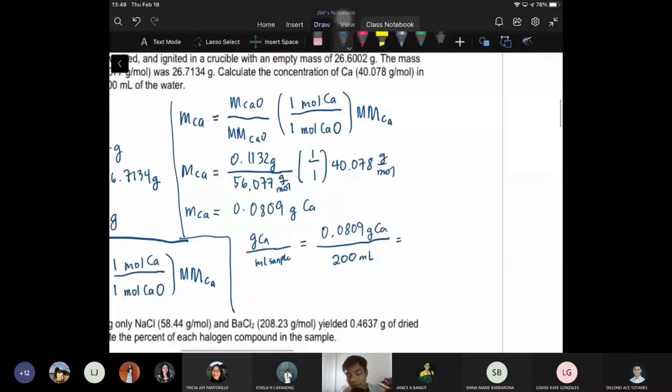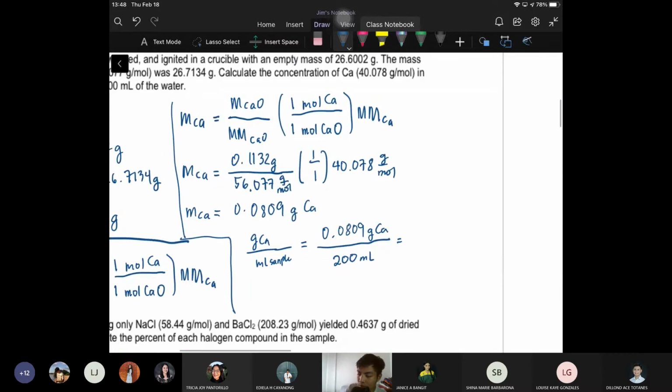So divide natin yung dalawa. So that will be 4.045 times 10 raised to negative 4 grams calcium per ml water. Okay. So medyo malapit na tayo. Kasi nakuha na natin yung grams per ml.